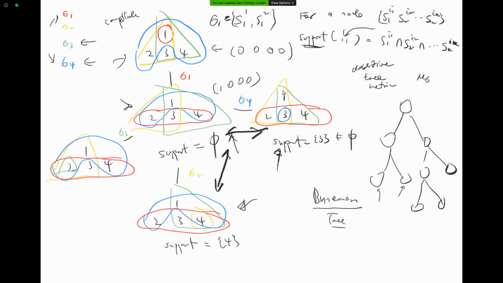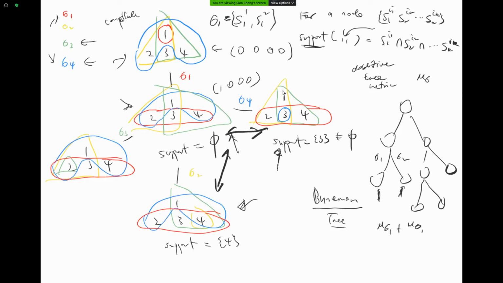For the split sigma, I have the distance mu sigma, and then the additive tree metric. For example, if for these two nodes here I have sigma 1 and sigma 2, the distance will simply be mu sigma 1 plus mu sigma 2.